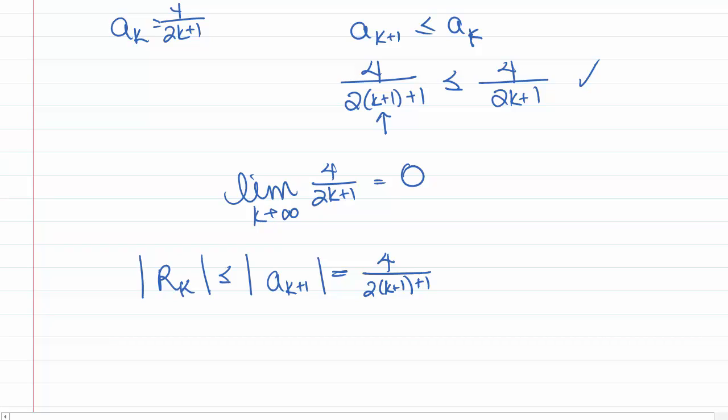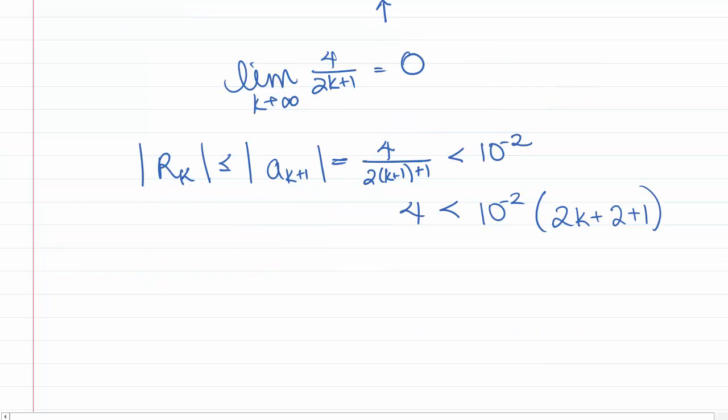All we want to do is make this number be less than 10 to the negative 2. So let's see what that means for k. So 2k plus 1, that's going to be a positive number, right? So let's move it to the other side. 4 less than 10 to the negative 2 times 2k plus 2 plus 1.